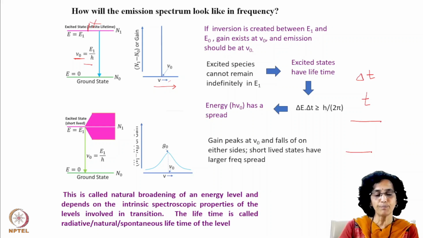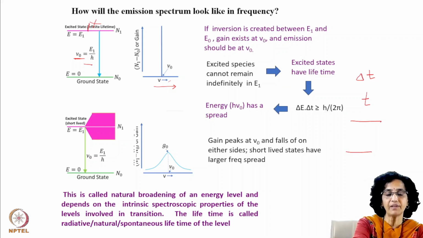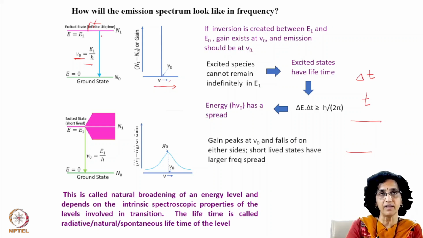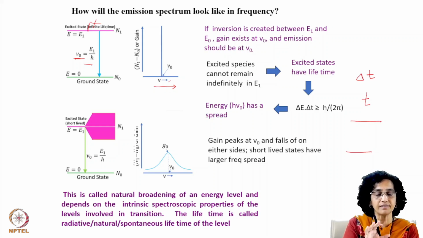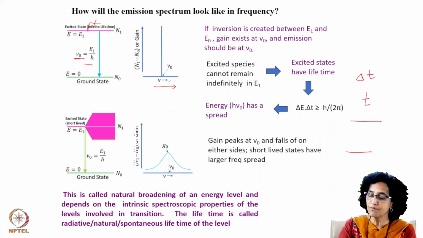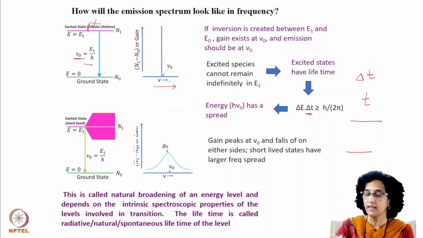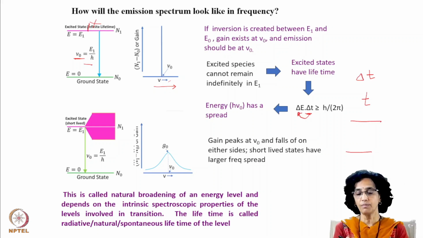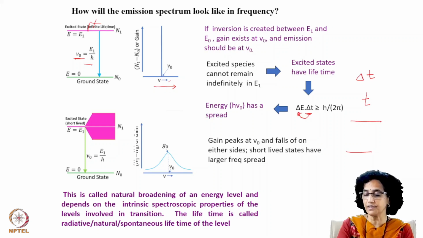Right? So when we are talking about an excited level, it does not have infinite lifetime, but it has a very finite lifetime. And because it has a finite lifetime, because there is an uncertainty in the lifetime, there is a corresponding uncertainty in energy also. And this comes from Heisenberg's uncertainty relation.